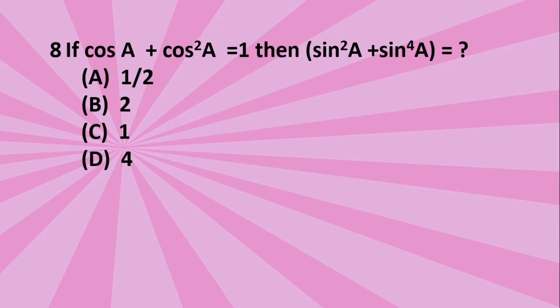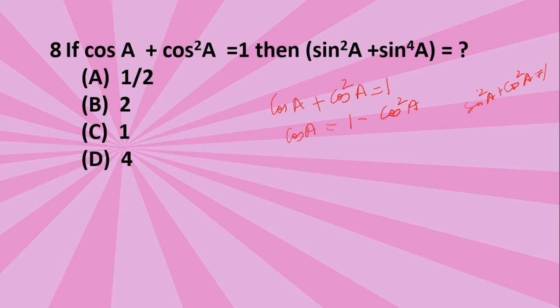Now the eighth question is, if cos A plus cos square A is 1. Now we want to find out sin square A plus sin to the power 4A. So you can write like this: cos A is 1 minus cos square A. Now by the first identity, what is the first identity? That is sin square A plus cos square A is 1.